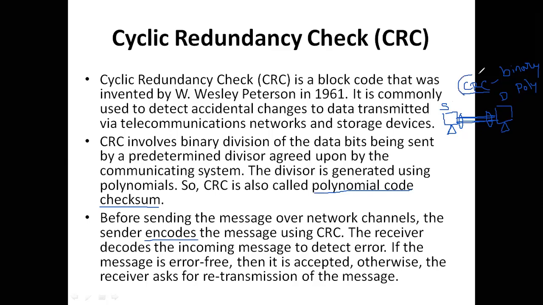If you are using the CRC method, it can easily detect whether there is an error or not. If it is error free, the receiver accepts the information. Otherwise the receiver may discard the message and ask the sender to resend the same information because of that error detection. So this is about CRC.